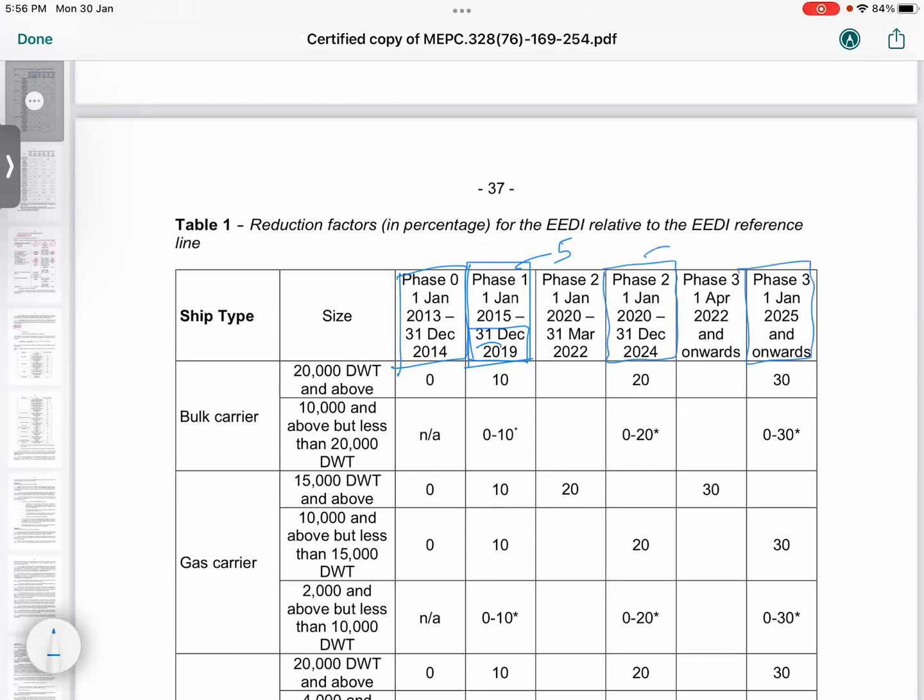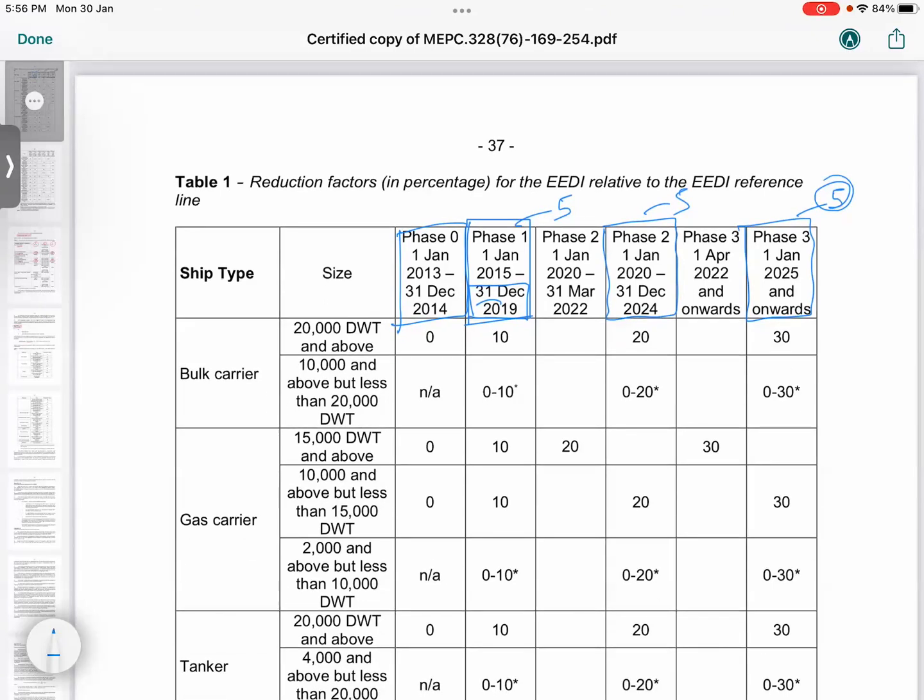These are all 5 years, right? Then they started the reductions, meaning this much you have to reduce. First 0%, 10%. Let me take the bulk carrier only: 0, 10, 20, 30, meaning every phase, 10% reduction.